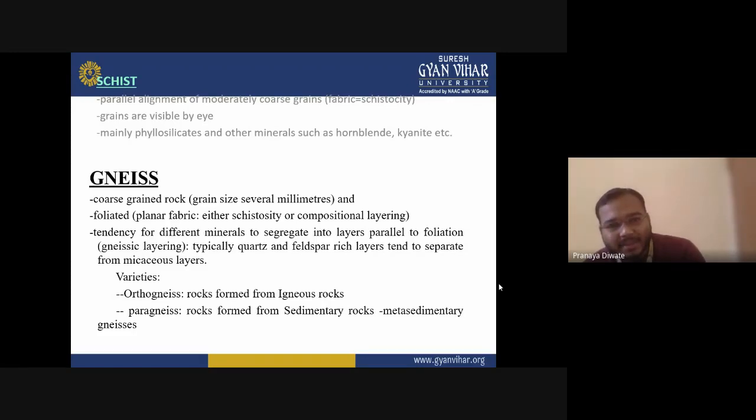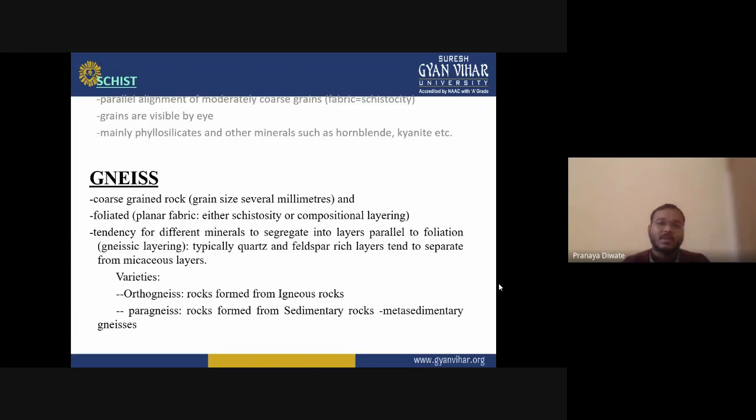Then you have gneiss. Gneiss is a coarse-grained rock, with grain size of several millimeters. Gneiss is formed from granite, which we saw in an earlier lecture is a plutonic igneous rock, meaning it is formed under the subsurface.